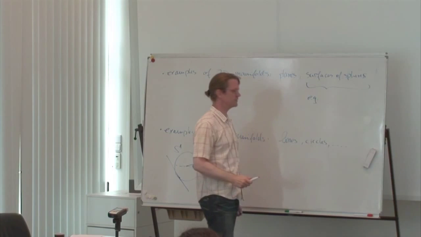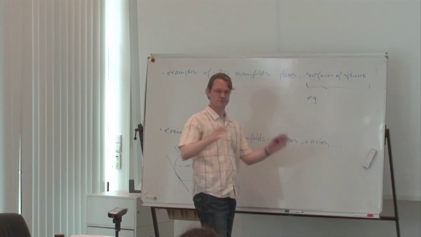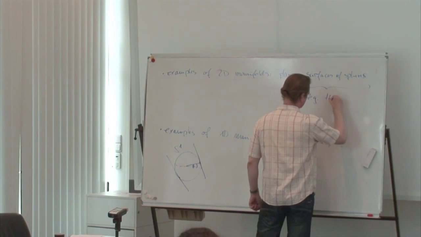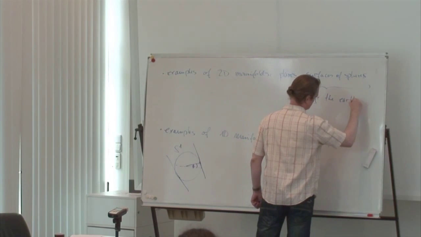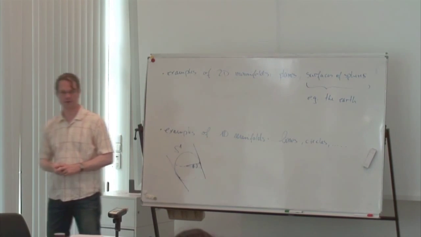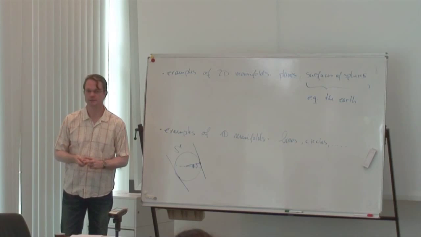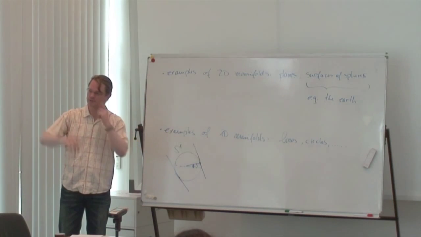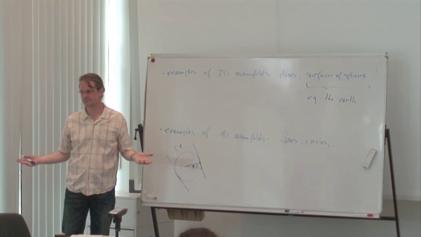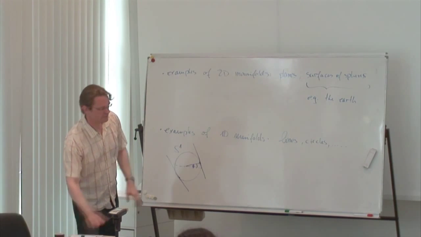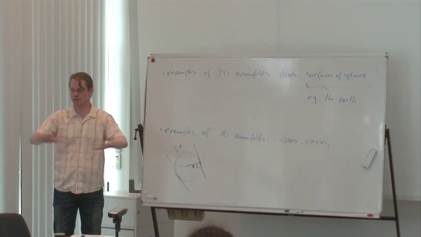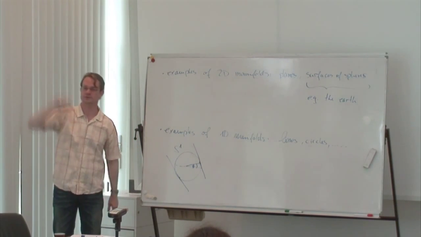Because the surface of a sphere could be the surface of the Earth. How do we know that we are living on a giant ball? From just looking around in this room, it's very difficult to say, right? Because the floor of this room is a perfectly flat plane. Of course, it ends over there.